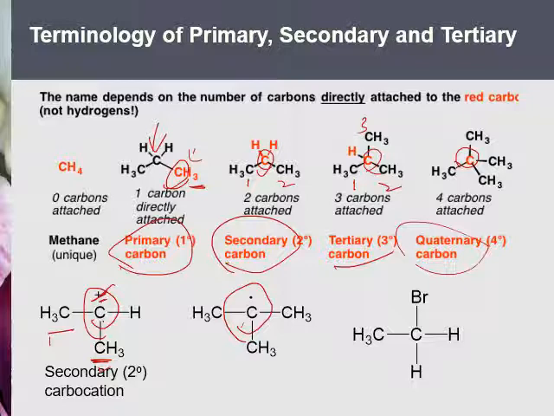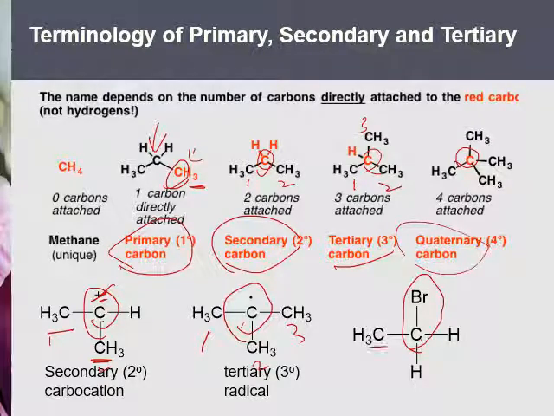And because this carbon is attached to 3 carbons, 1, 2, 3, it's a tertiary radical. And this carbon is attached to a bromine, so it's an alkyl halide. And because this carbon is attached to 1 carbon, it's a primary alkyl halide.